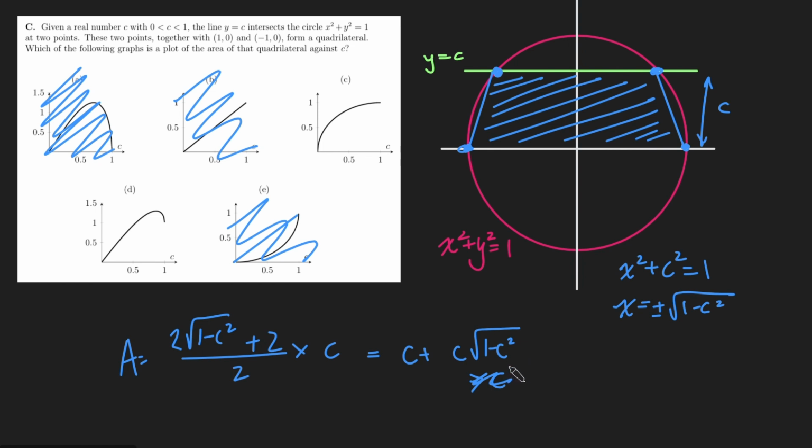Now, the way they did this in the official MAT solutions, they waved their hands a bit and said that this thing here goes sharply towards 0 when c approaches 1, and so therefore this must sharply approach 1 as c approaches 1. This guy here kind of smoothly approaches 1, whereas this one you can see is jagged and sharply approaches 1. And so therefore the answer must be D.